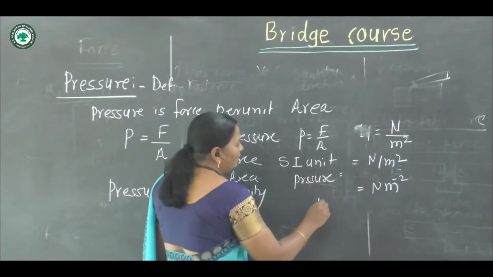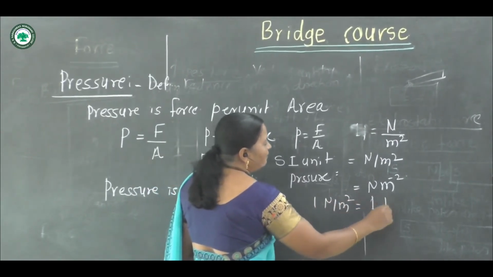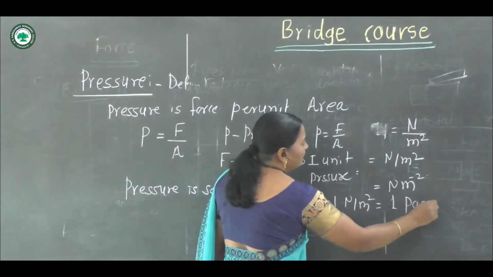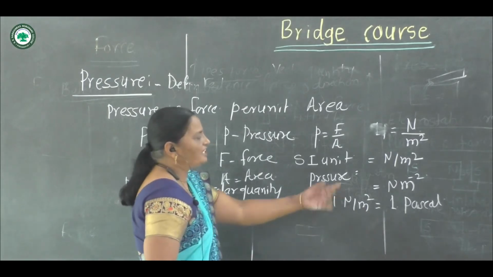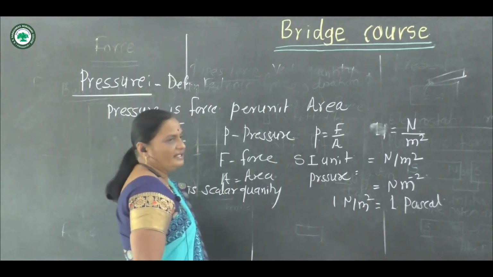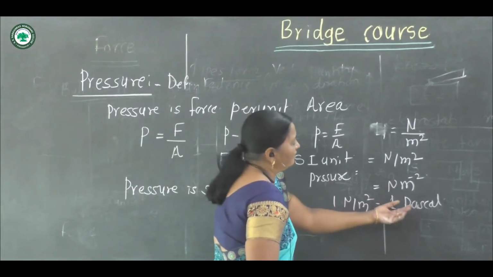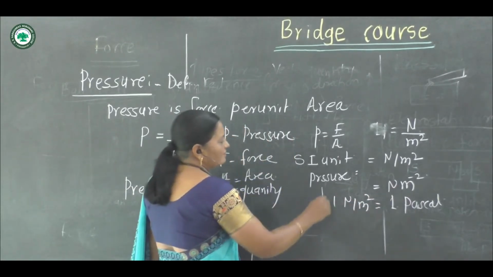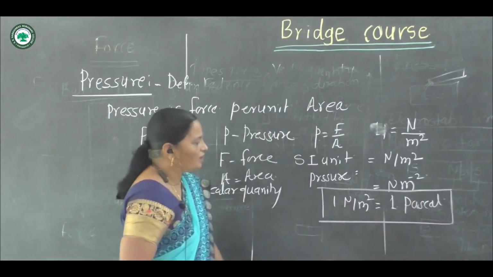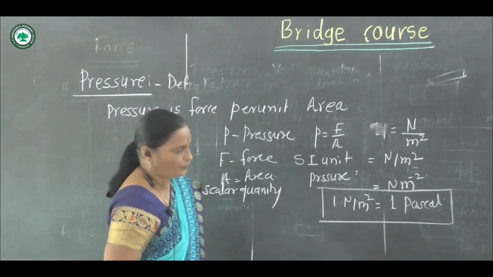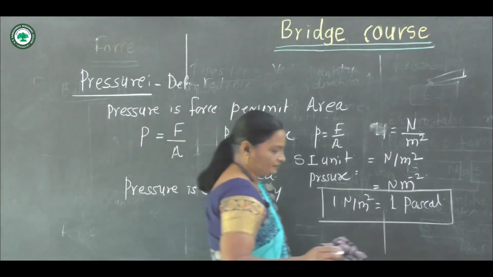This 1 Newton per meter square is also called 1 Pascal. There are various units for pressure, such as hectopascal, millipascal, etc. So 1 Pascal is equal to 1 Newton per meter square.